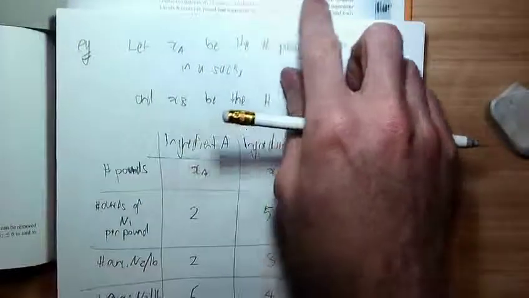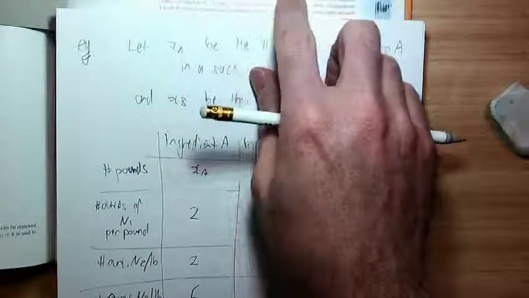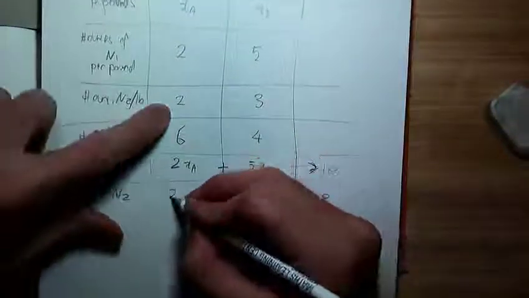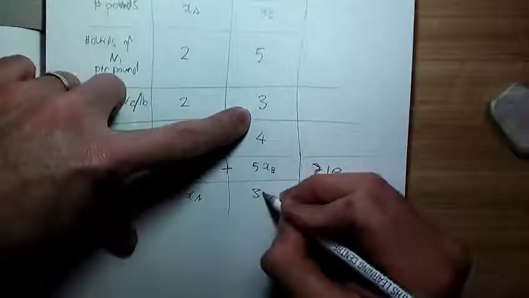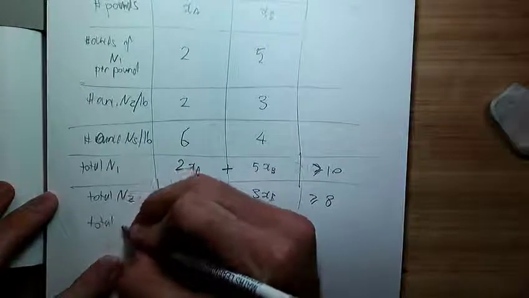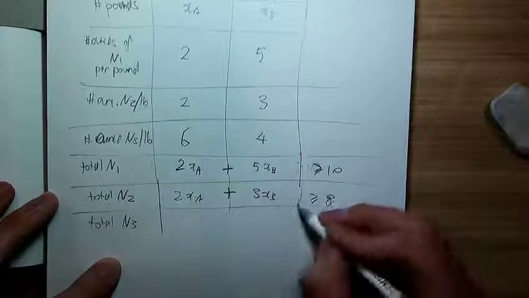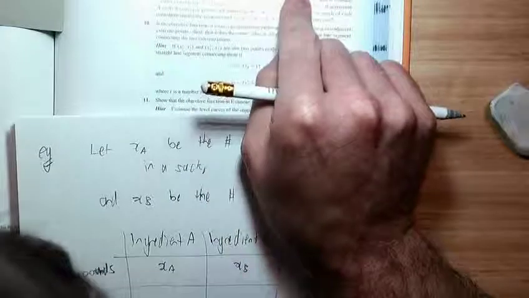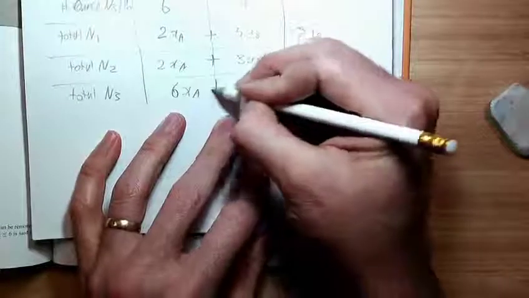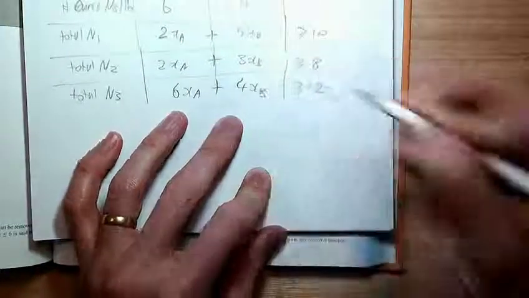Total N2, 8 ounces. So we've got 2XA and 3XB here. Total N3, 12, which is 6XA and 4XB.